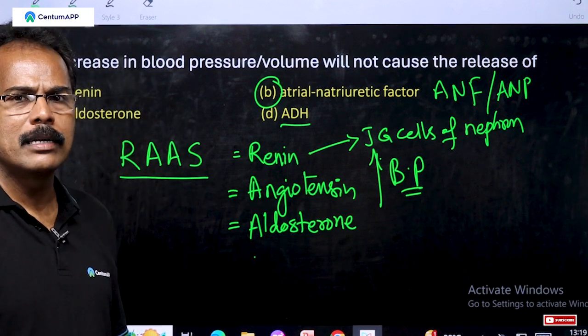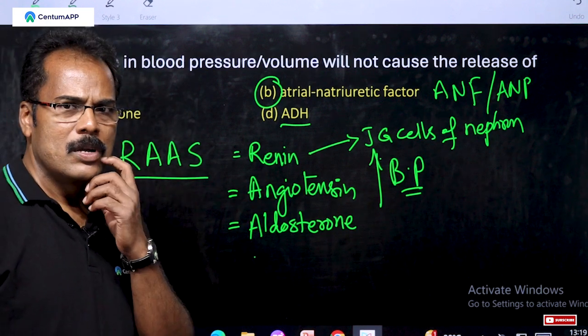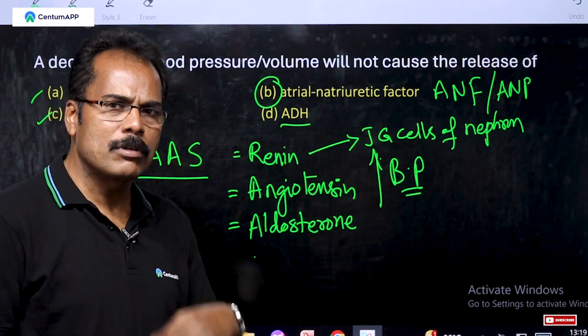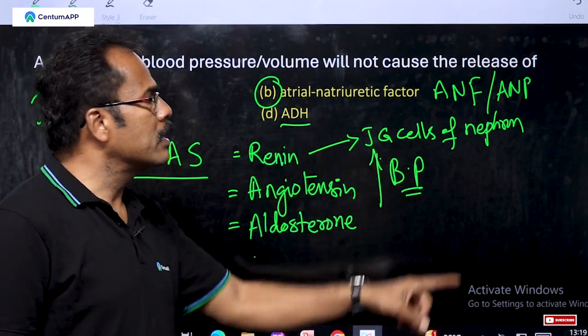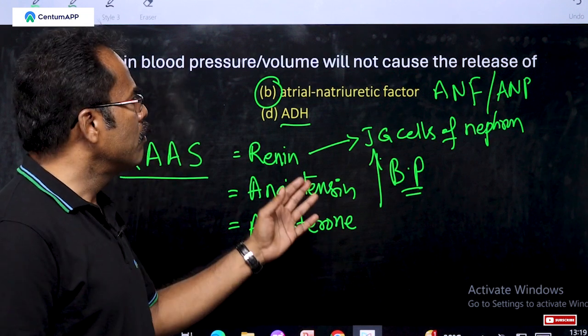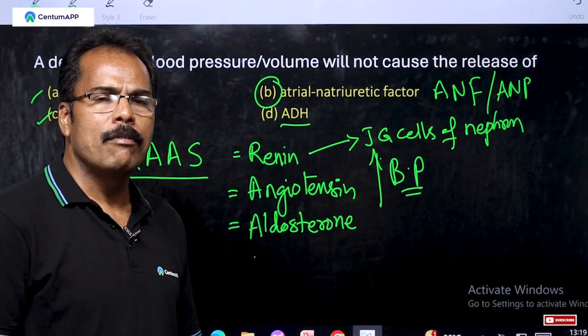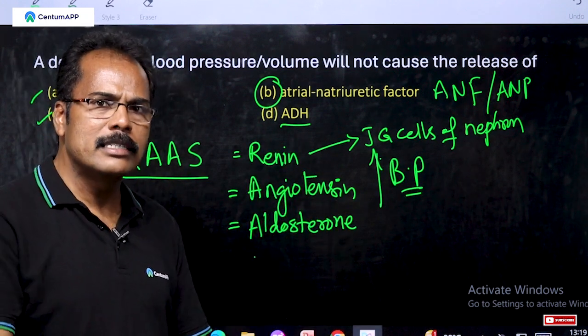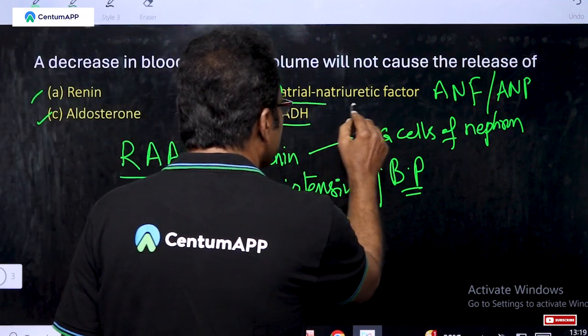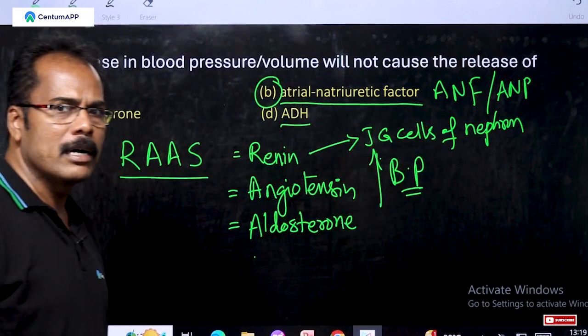When the blood volume is more, that means when the heart receives more blood, atrial natriuretic factor is released, which acts as a vasodilator to decrease the BP. So, our answer is atrial natriuretic factor, answer B.